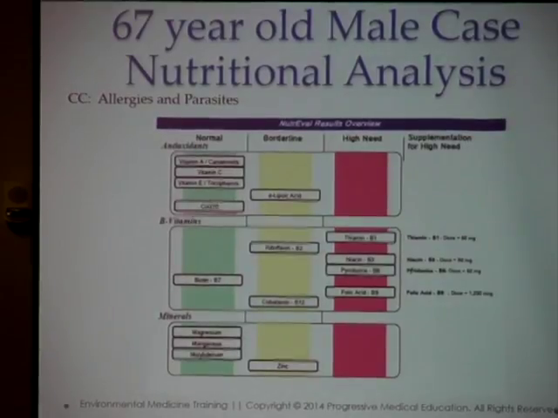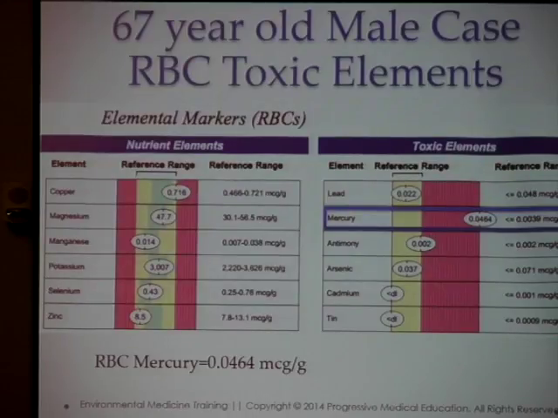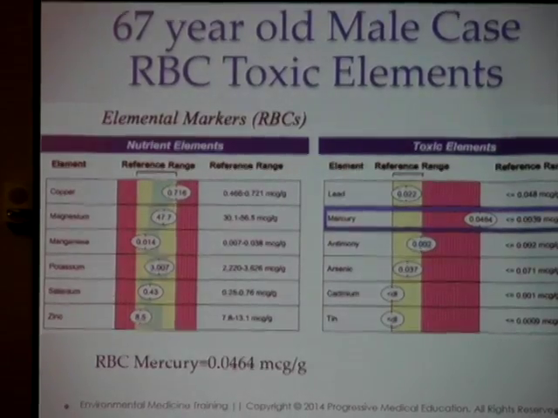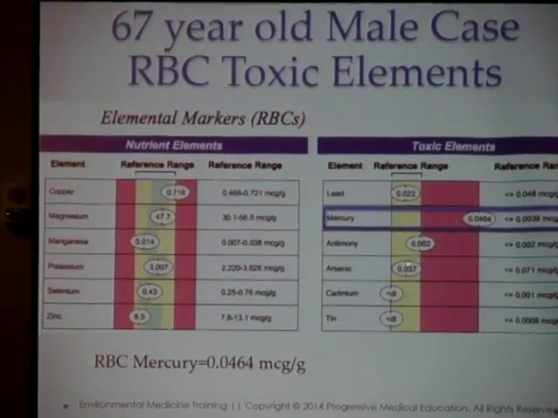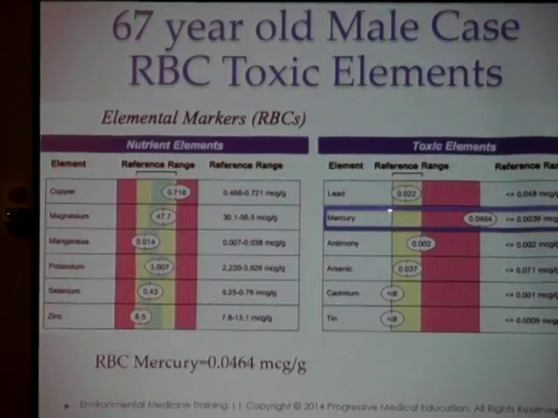This is a patient I had who was the father of a patient of mine. He traveled and wanted to have this nutritional evaluation, and he came. He lives in Kenya, and they have high rates of parasite infestation, so he was coming to see me really for parasites. But incidentally, on this test, I found that he had high levels of red blood cell mercury.